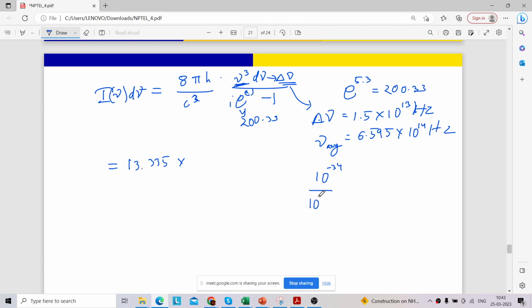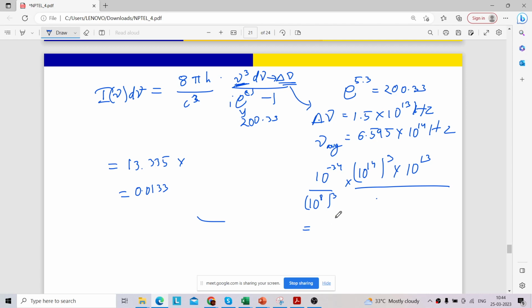Denominator, 10 to the power 8 cubed, frequency cubed 10 to the power 14 cubed, and this is 10 to the power 13. So how much are you getting? 0.0133. Okay, let me just check.